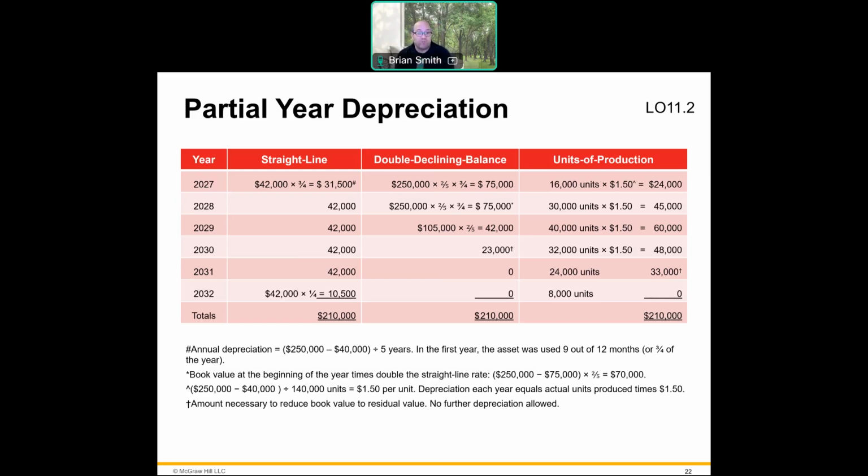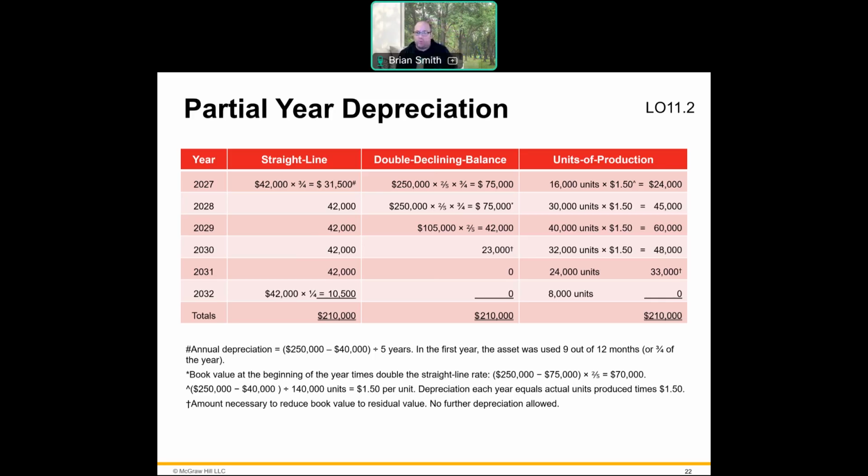But then in the last year, we take the remaining 1/4 for the straight line method. By the time the double declining balance method happens, you've already depreciated the amount fully. Units of production, you're depreciating it in the last year anyway. The real one is that it's going to stretch the straight line method into an additional calendar year.